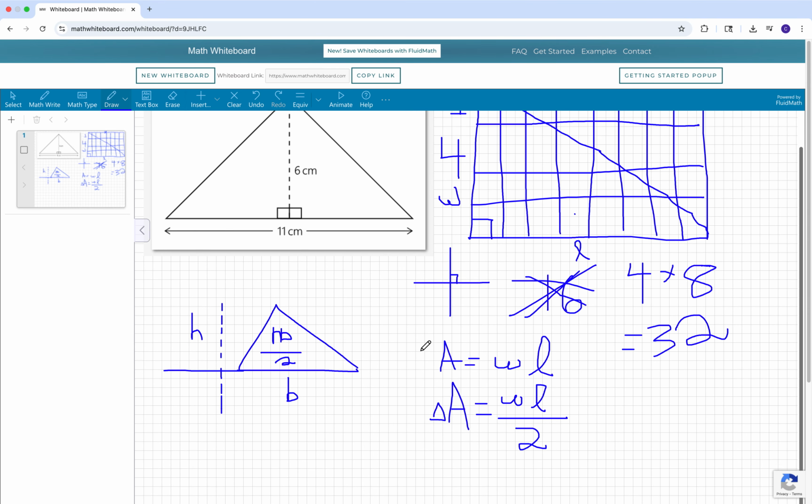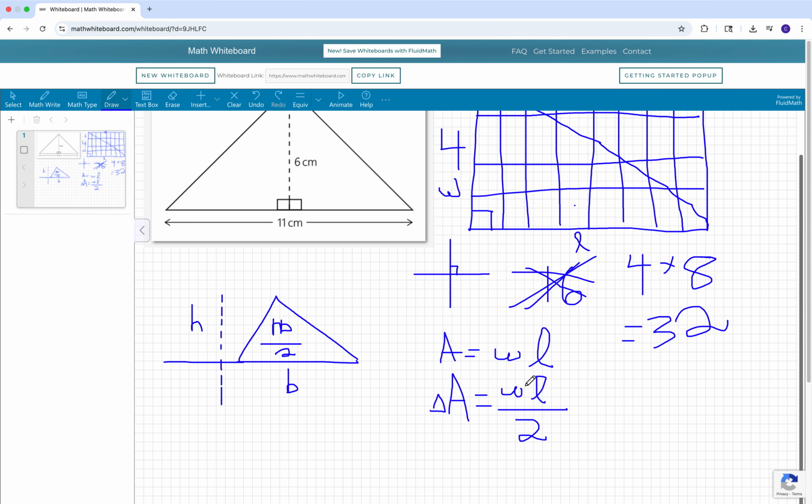So now we can relate that to this problem. We plug in: our base is 11, and our height is 6. Now I know I put width here, but we can replace this with b and h, base and height. The letters are fine. So the base is 11.